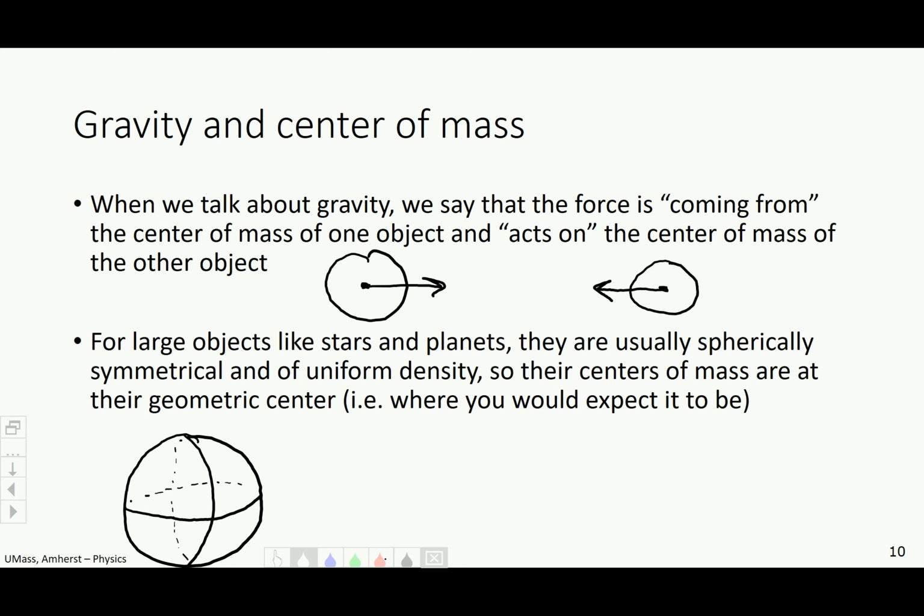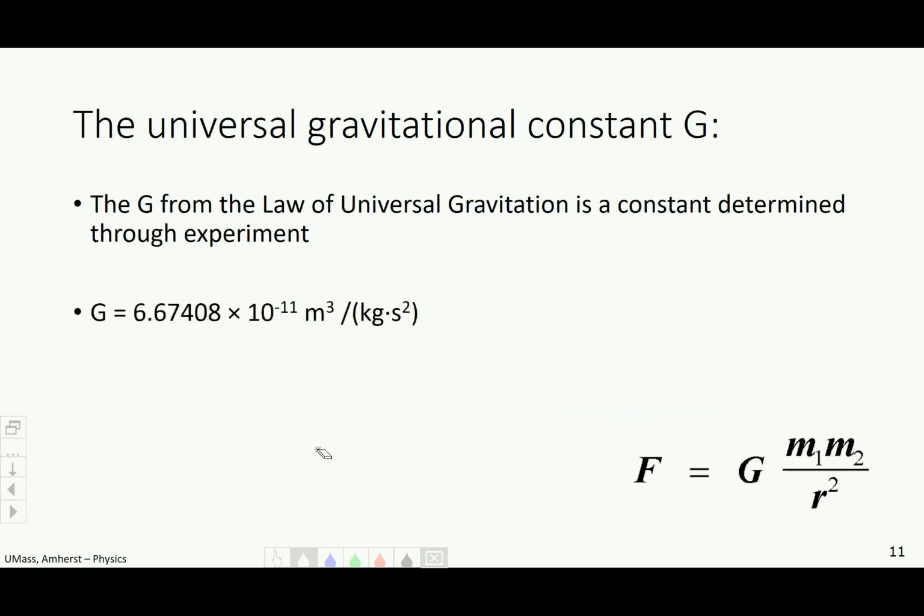So their centers of mass end up at what we would expect them to be, the geometric center of that sphere. So it works out kind of nicely. We don't have weird oval-shaped planets or rectangle planets or things like that. It does not happen. Generally, if we're talking about galaxies, yeah, we have some ovals going on. But for planets and stars, nice round spheres, pretty much.